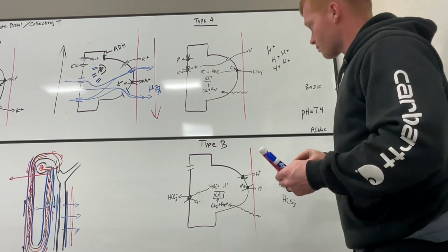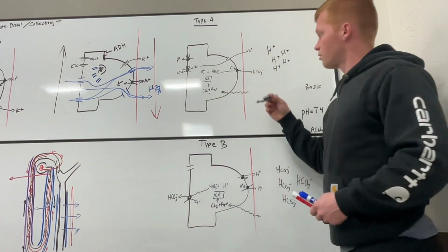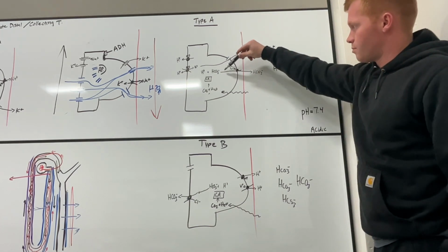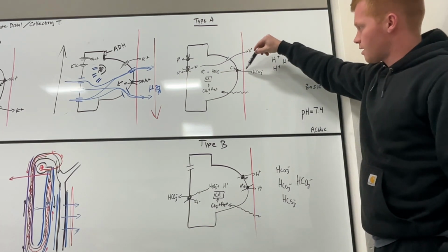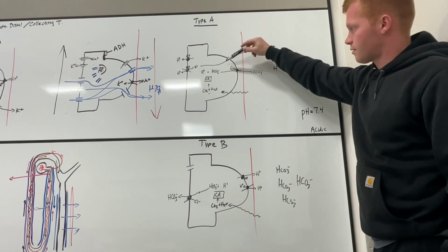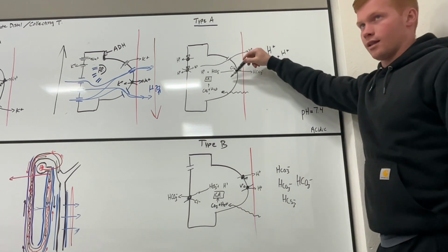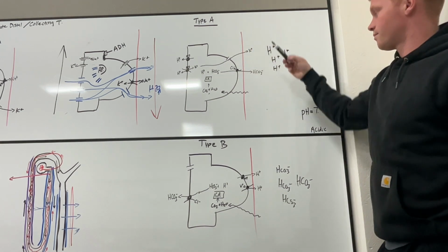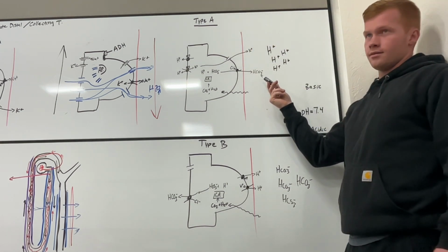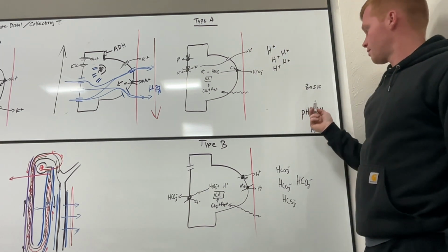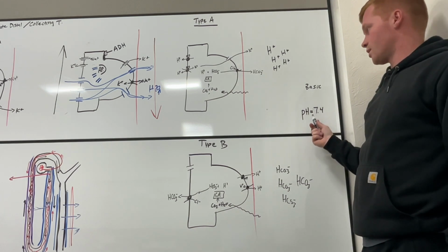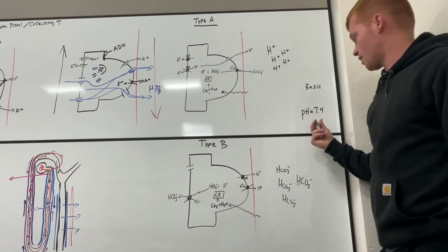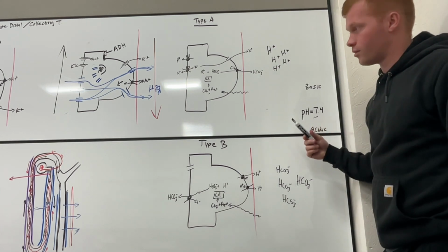And what's going to happen, which is cool, is bicarbonate, which is a base, the Cl is going to come in and it's going to let bicarbonate out. And as bicarbonate enters the blood, it's going to bring the blood pH up because we're getting something in that's more basic. So it's going to bring the pH back up to our normal level.